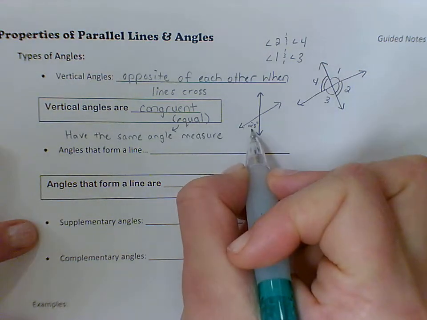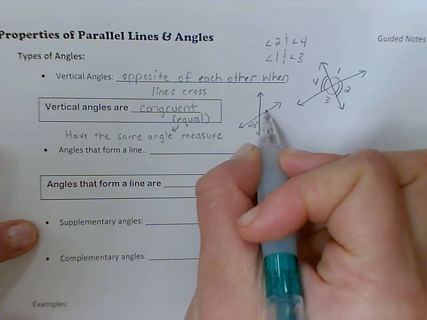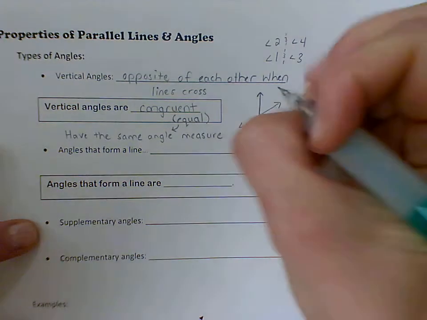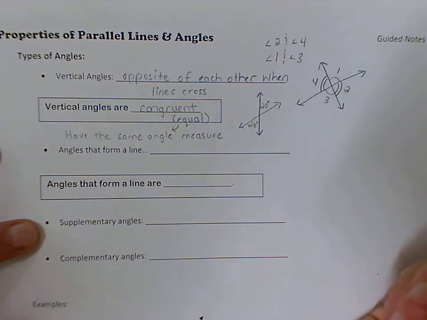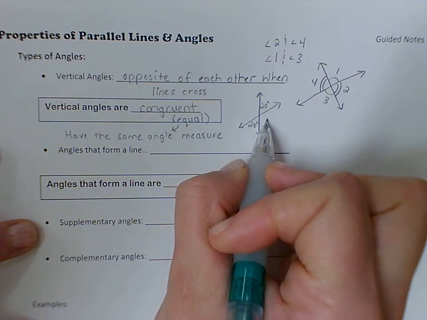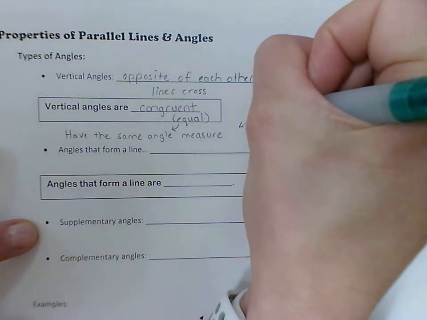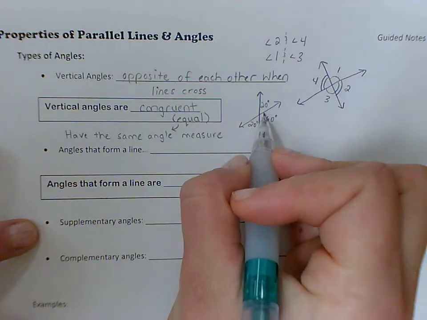Notice the angle that's opposite of this angle down here would be this one up here. So because this one has a measure of 20 degrees, this one up here would also have a measure of 20 degrees. Okay, and then also if we were able to find one of these angle measures, like let's say that we found out or know that it's 160 degrees, then that's that angle.